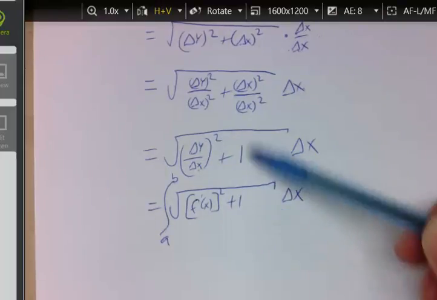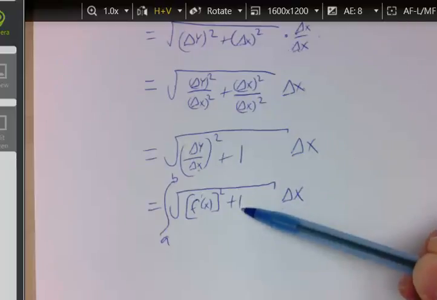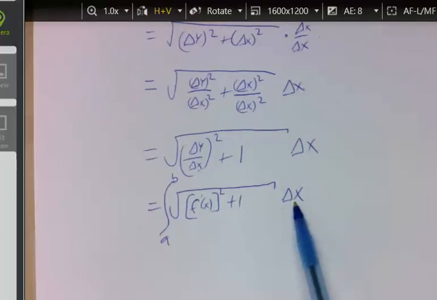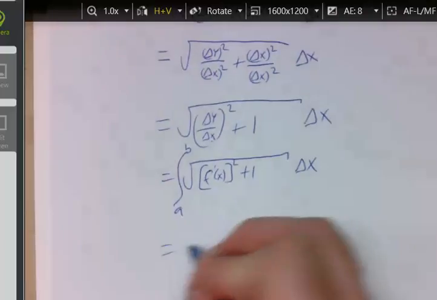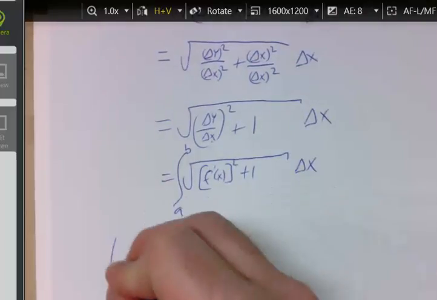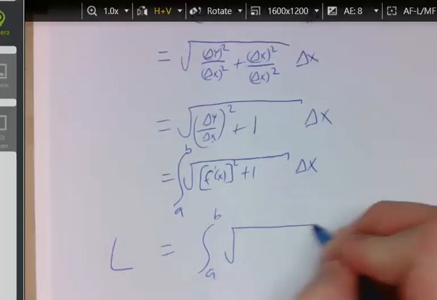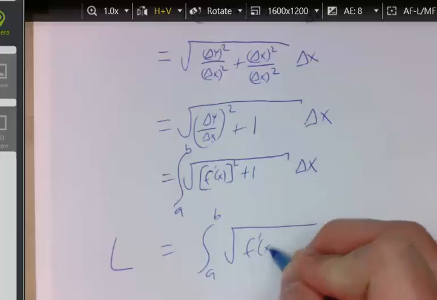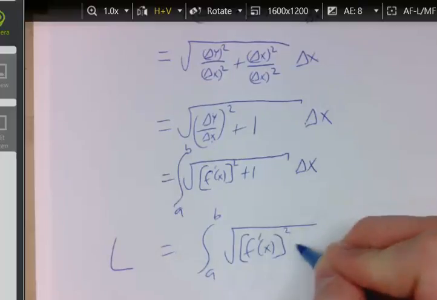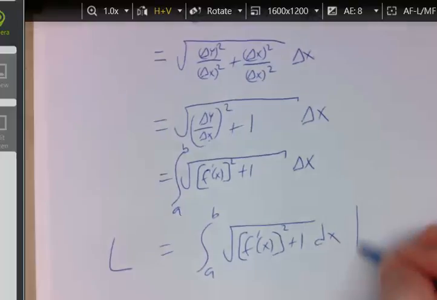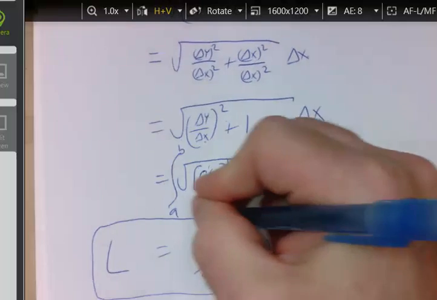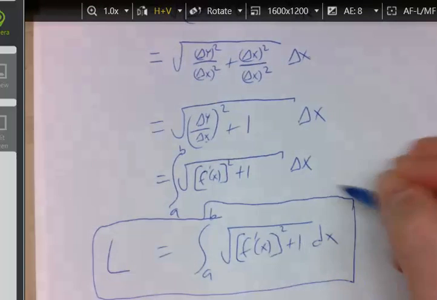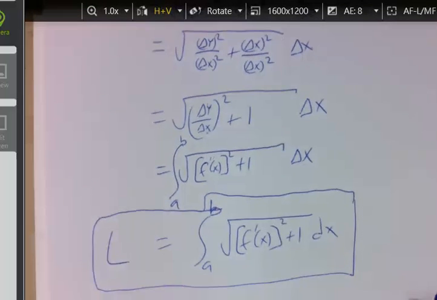This 1 comes along for the ride, that's not affected by delta x. And then my delta x really turns into a dx when you go ahead and integrate. So our actual formula that we're going to use for arc length is this: the integral of the square root of f prime of x squared plus 1 dx. This will get us the length of any curve.